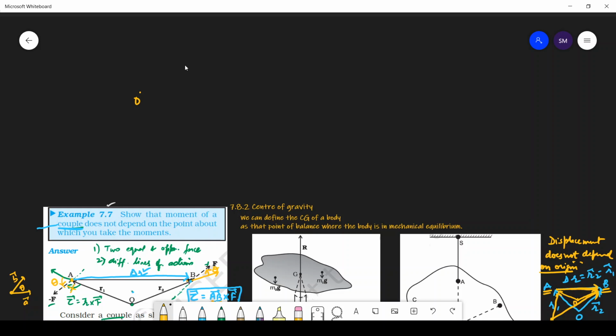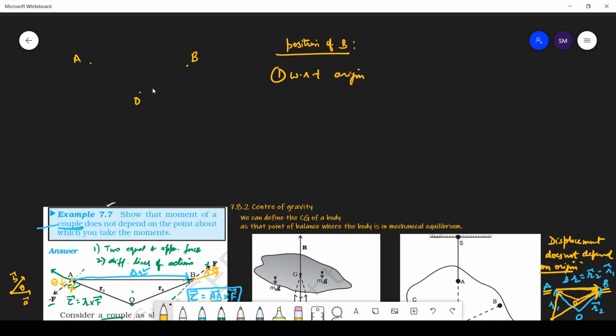See, suppose this point is B and this is point A. I can tell the position of point B in two ways. The first way is with respect to origin.